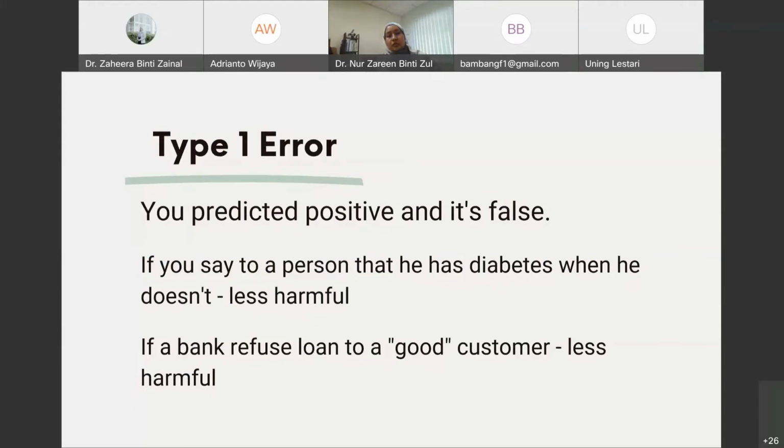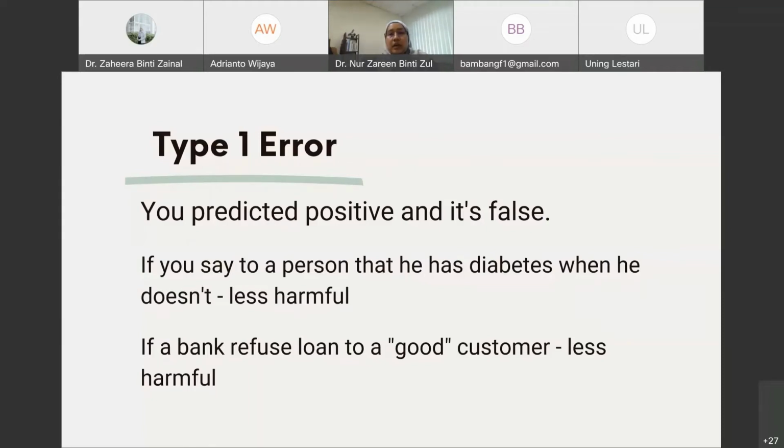Okay, same goes for, let's say, a bank that wants to give out loans. So it assesses the customers, trying to get customers who are only good customers. Bad customers are maybe the kind of customers that they think wouldn't be able to pay back the loan, and they don't want to give it to this kind of customers.